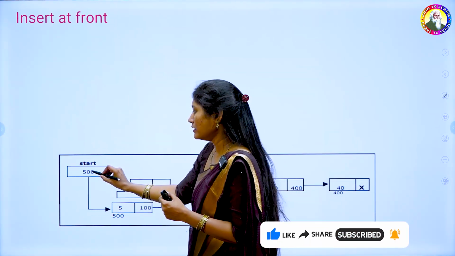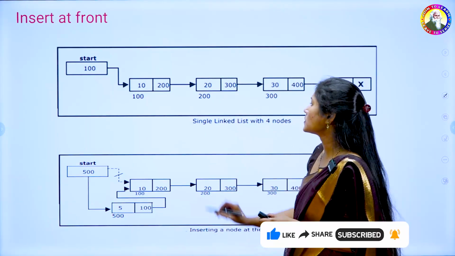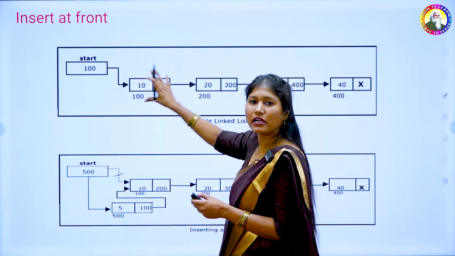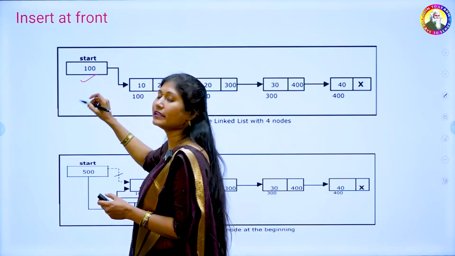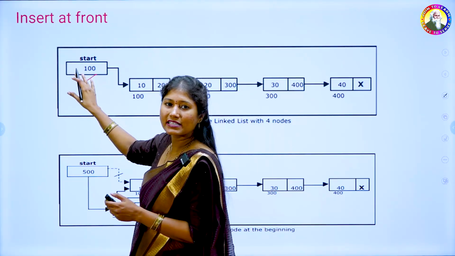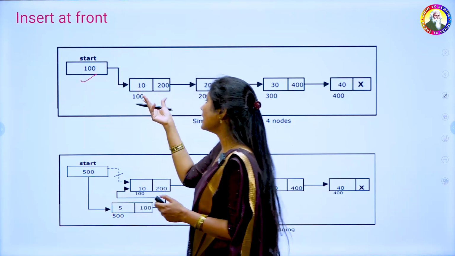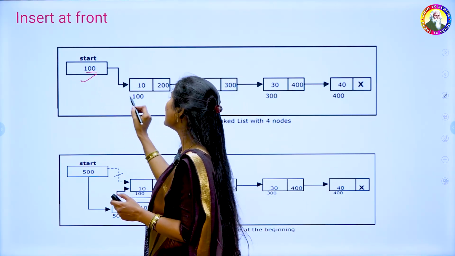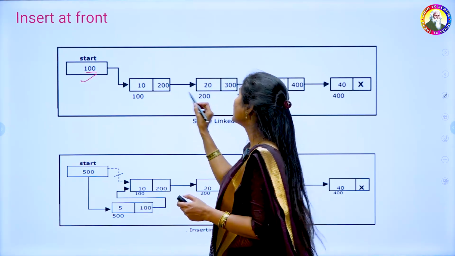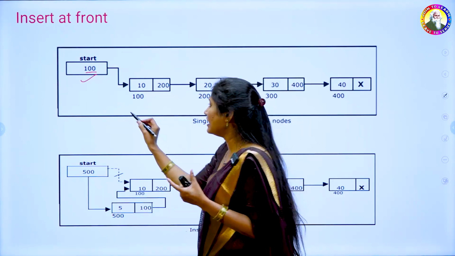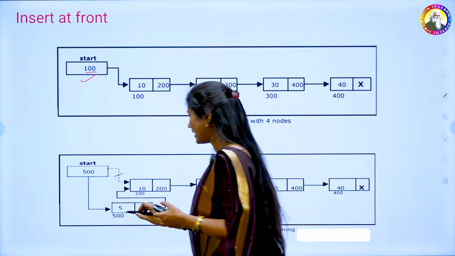See here, if you observe this, this is the initial single linked list. This is the starting pointer, the head pointer, which has the address of the first element, here 100. In the 100, I have the data and the next address. Now, I want to insert an element at this particular position like this.